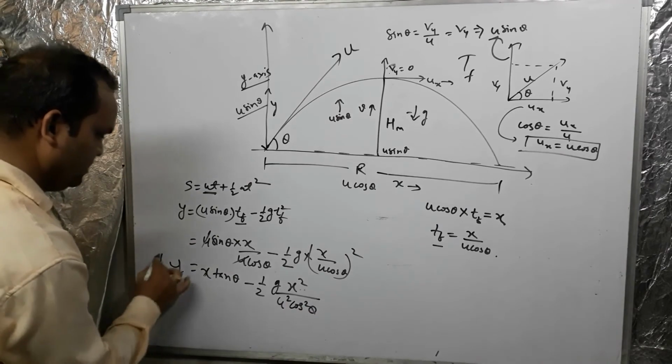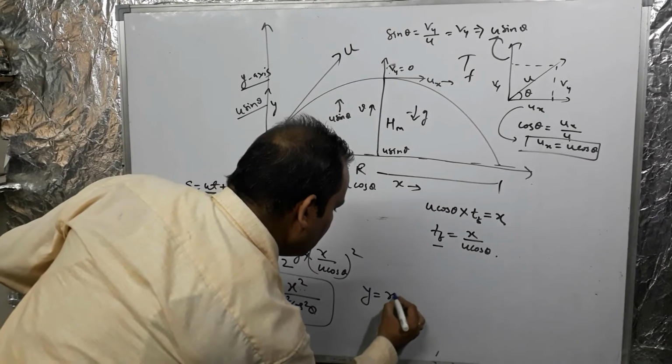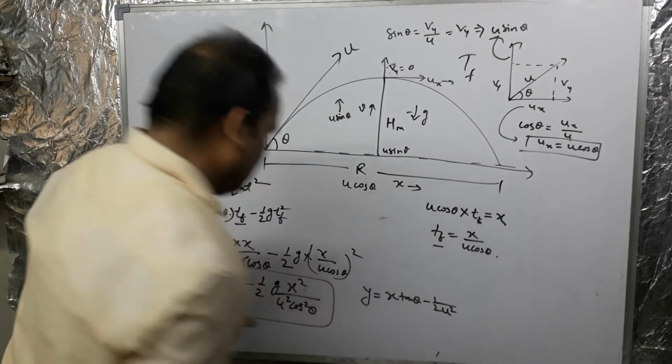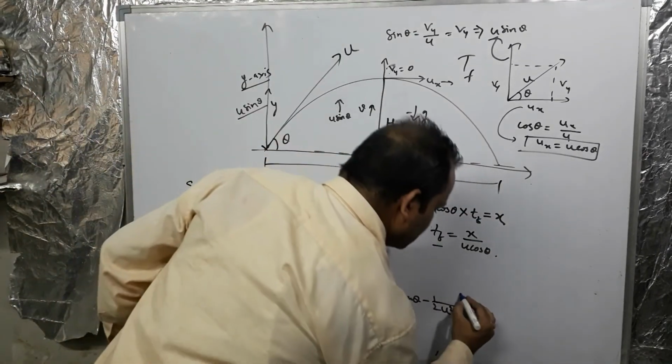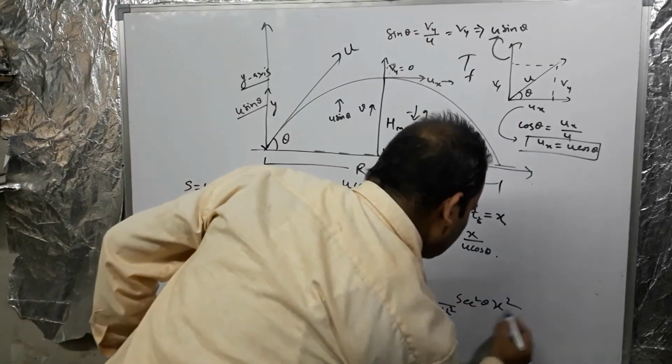That is your equation. Or you can also write it as y is equal to x tan theta minus 1 by 2u square, and 1 by cos square theta is sec square theta, and again x square.